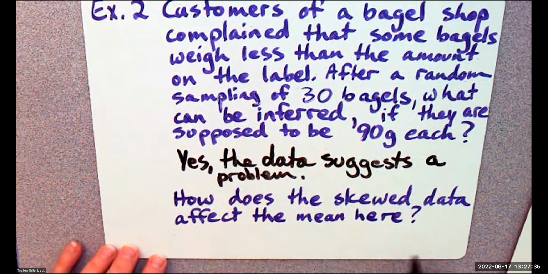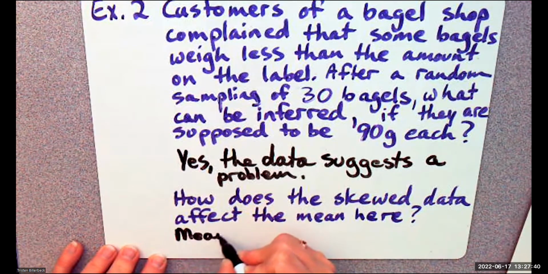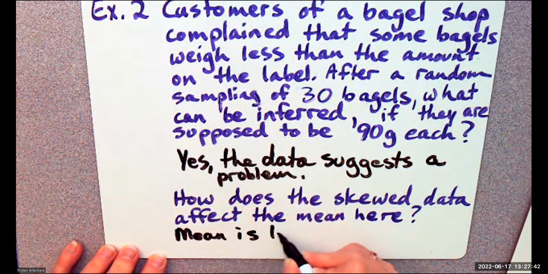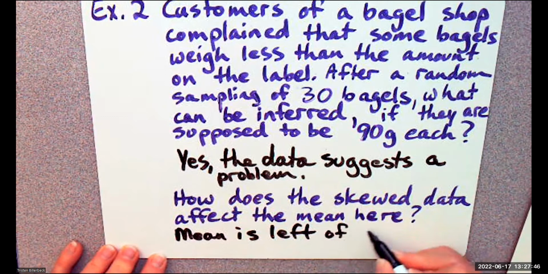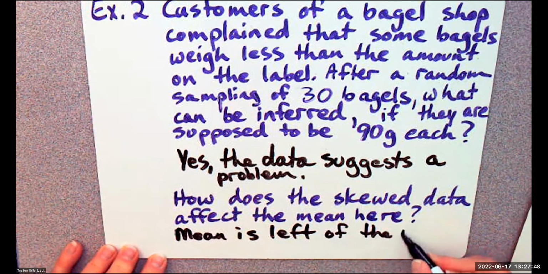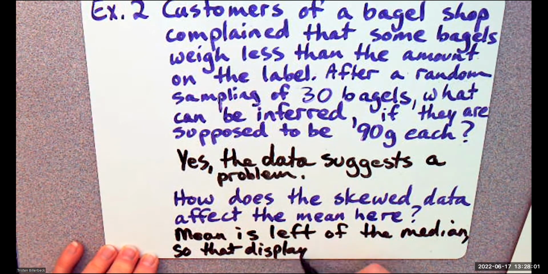The mean is left of the median. So the data is skewed. The display is skewed to the left.